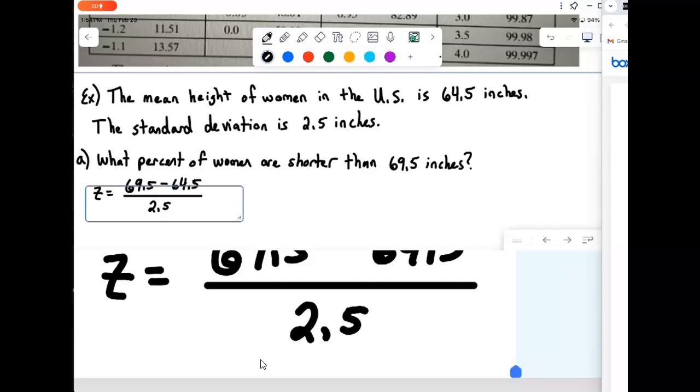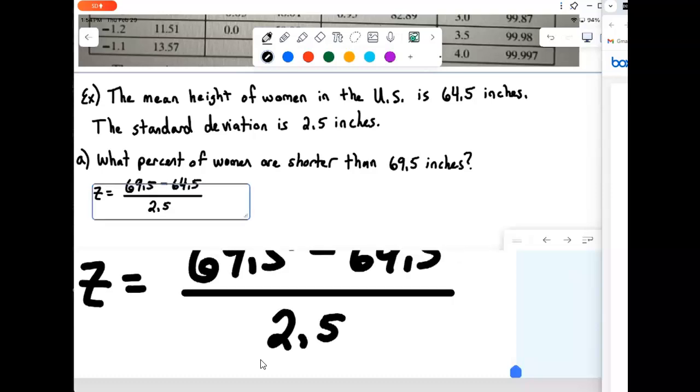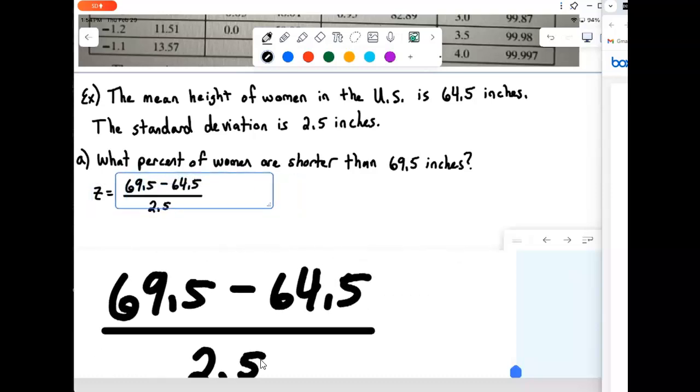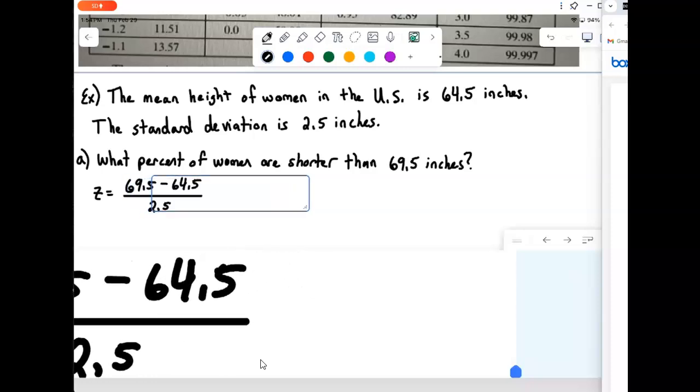When we do that, we get 69.5 minus 64.5, which is 5, divided by 2.5. We get simply 2 standard deviations. So 69.5 is exactly 2 standard deviations above the mean.